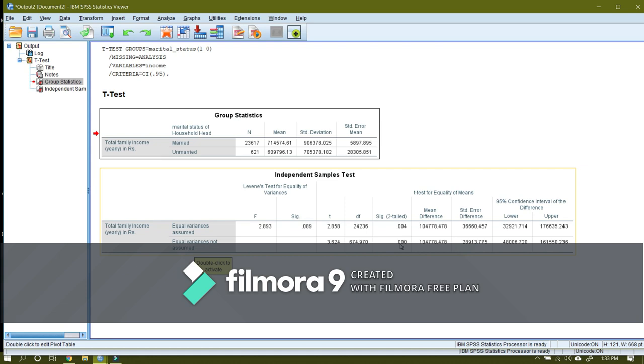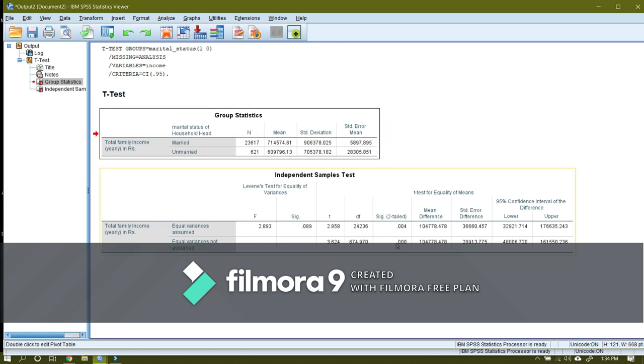Now, on the basis of this p-value, the assumption that the means of the two groups are equal will be rejected. We cannot retain the null hypothesis. So we reject the null hypothesis that the means of the two groups are equal to each other.